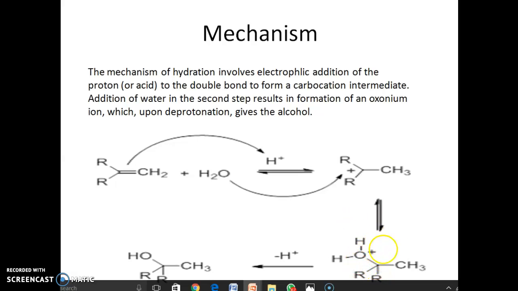So this oxonium ion loses one proton, which we call deprotonation, and gives the alcohol as the product.